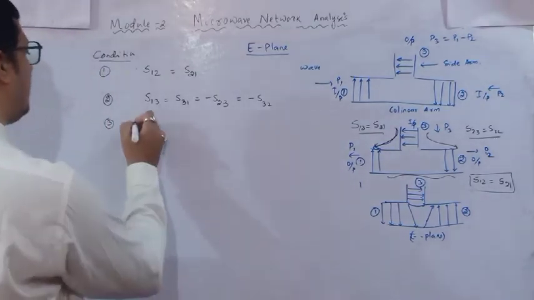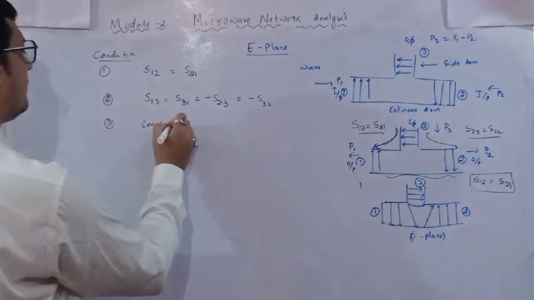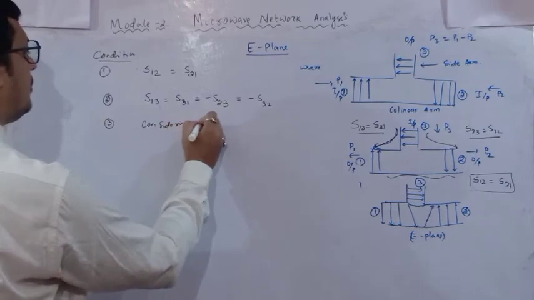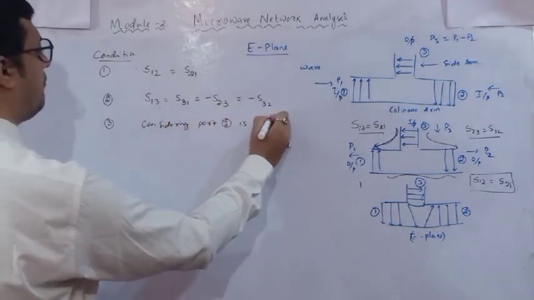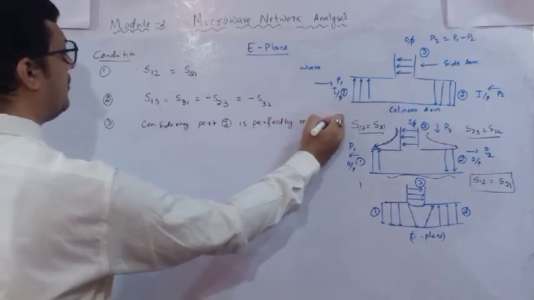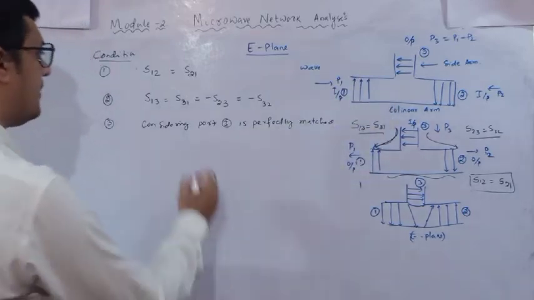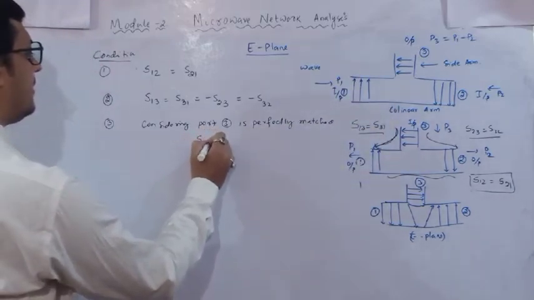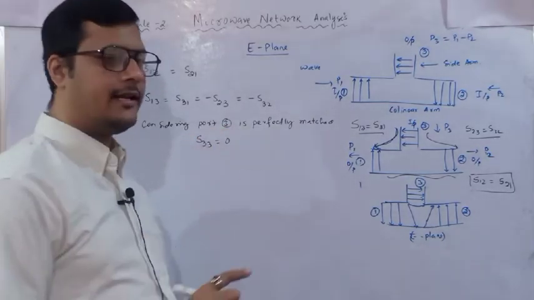So for that, what I will do, considering port 3 is perfectly matched, due to which maximum power will be injected in port 3. So for that I can write S33 is 0, because the diagonal element S33 indicates what?